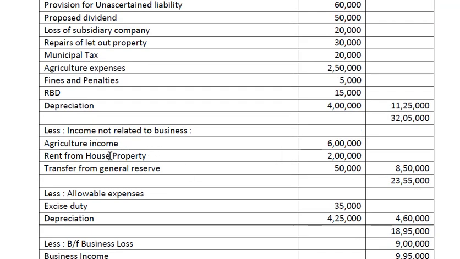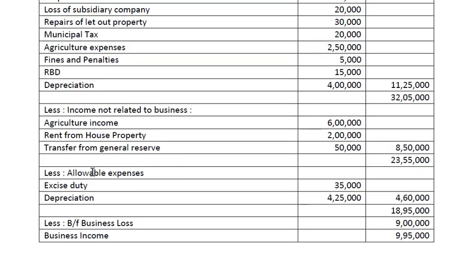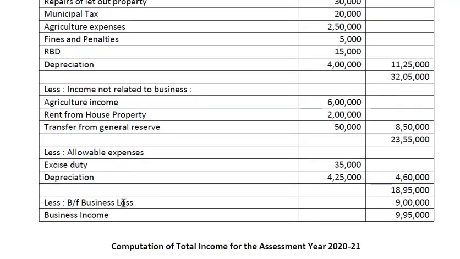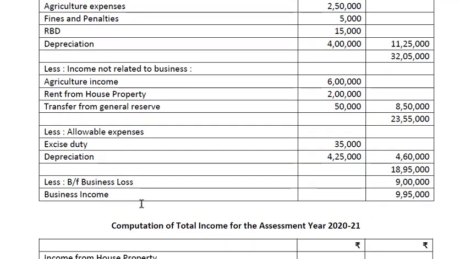Incomes not related to business: agricultural income, rent from house property, transfer from general reserve. Less allowable expenses: excise duty and depreciation. Less brought forward business loss, so we get the business income.